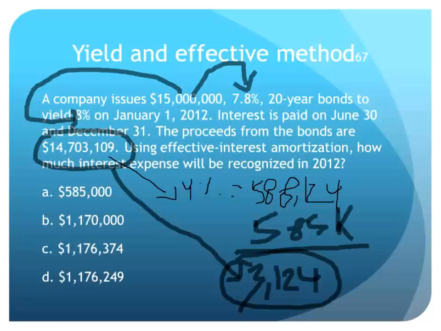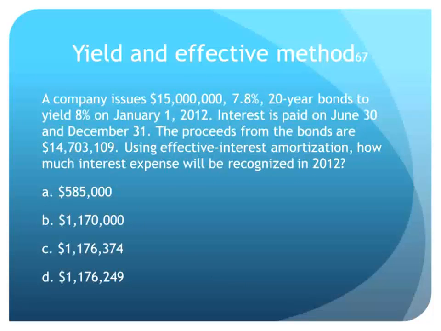So that the next carrying amount is this number plus the 3,124, because now we amortize this discount, so the carrying amount is a little bit more.